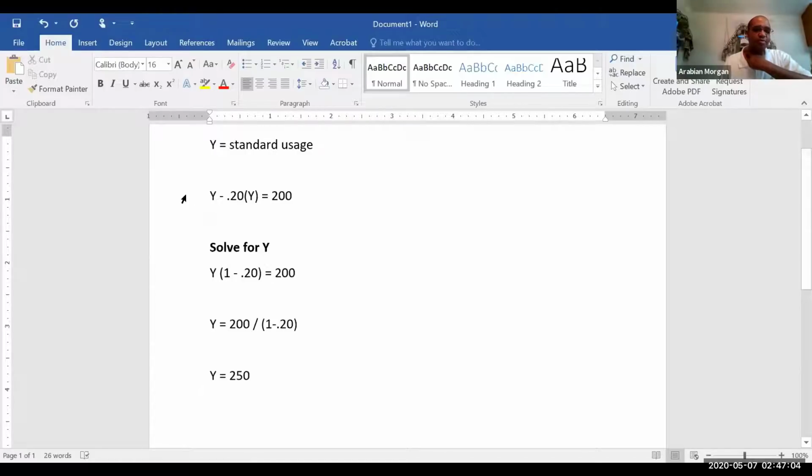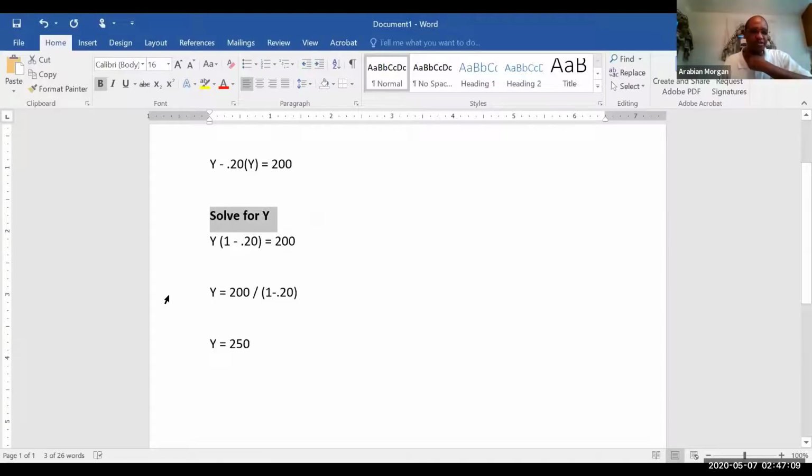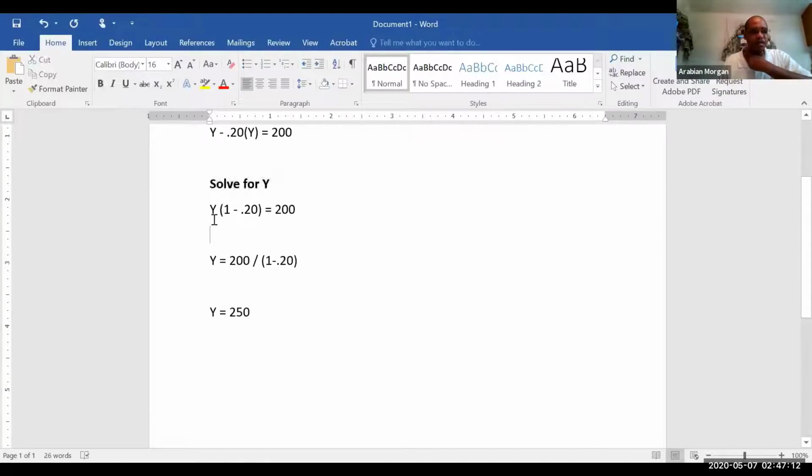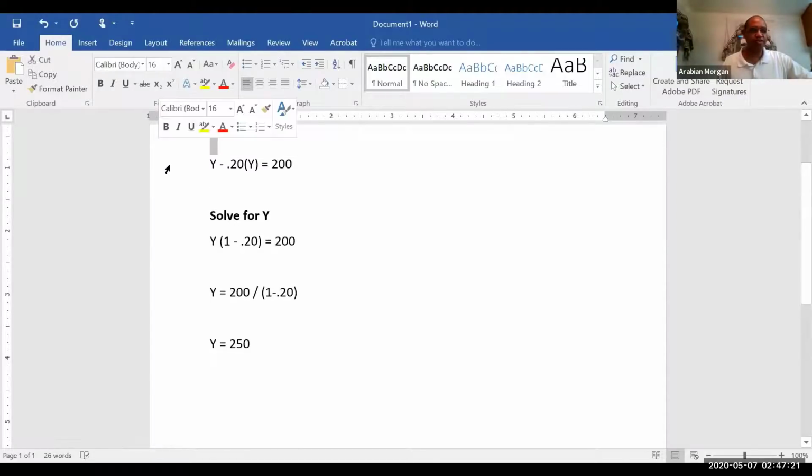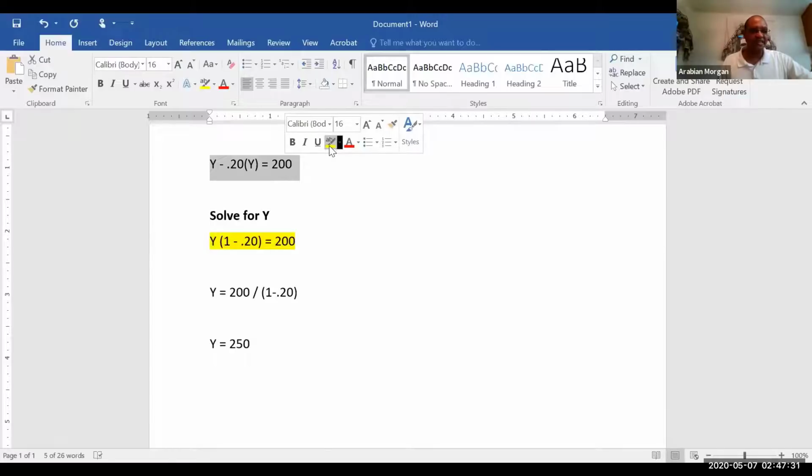From this formula, I solve for y. I can rewrite the formula as y times (1 minus 0.20) equals 200. This formula that I've highlighted and this formula that I've highlighted, I'll put them both in yellow, are exactly the same formulas, just slightly rewritten.